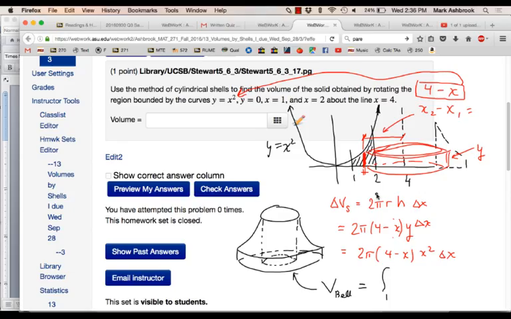The leftmost x value is the outermost shell, the shortest one, and then all the way to the innermost shell on the right, the tallest one. So 1 to 2, 2 pi, 4 minus x, x squared, dx. Super easy integral. It would be faster to do it by hand than with Wolfram Alpha.